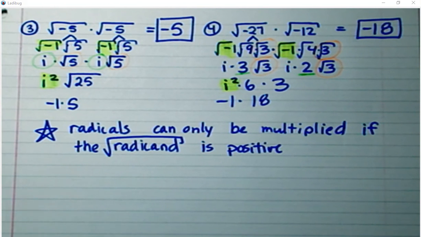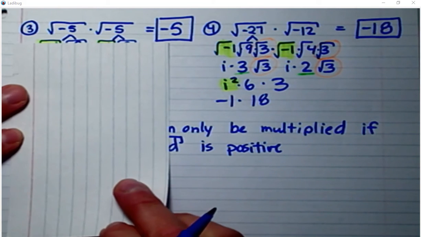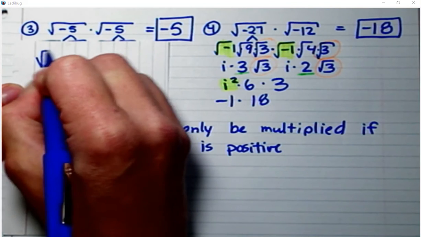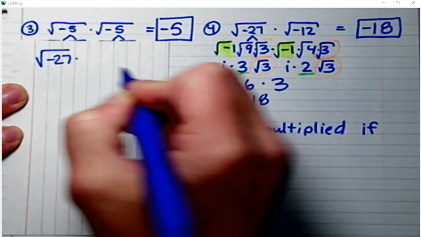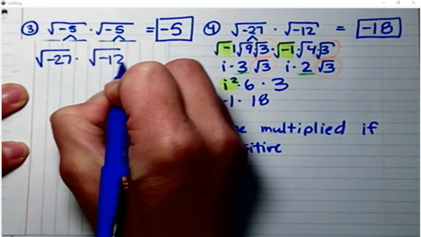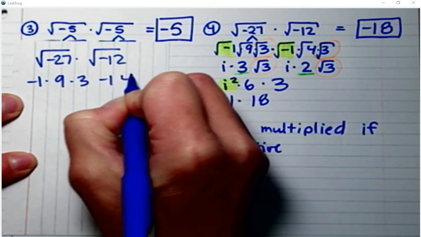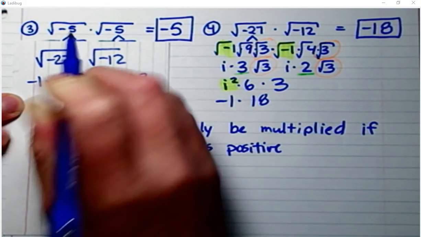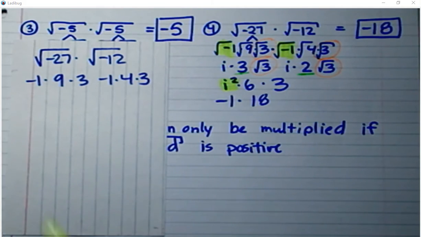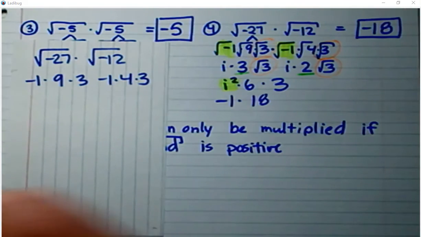All right. Here we go. Now, I wrote lots of steps down because I'm not sure how much of simplifying radicals you've seen before. So I'm going to do it again, but I'm going to do it a little bit faster. Okay, negative 1, 9, 3, negative 1, 4, and 3. I'm going to leave my radical.